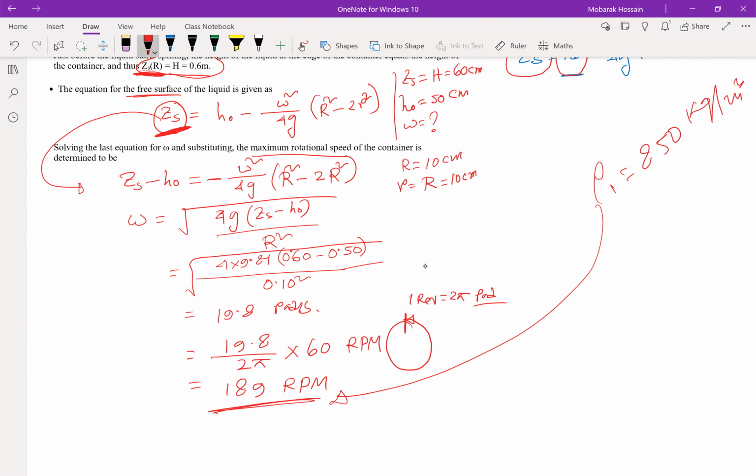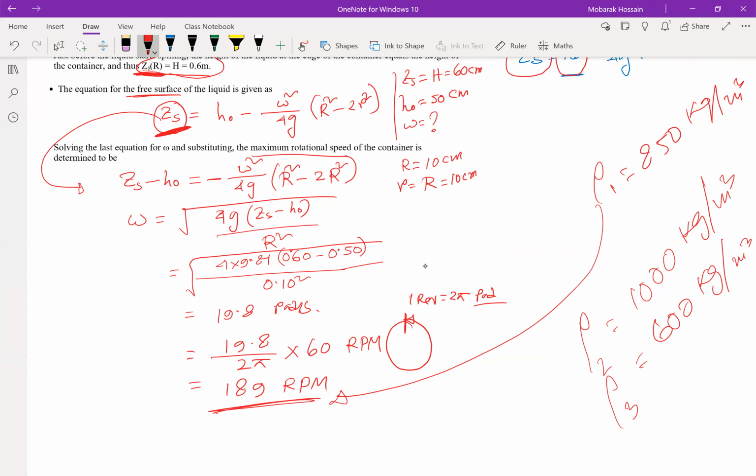Now the question is, if you change the density, heavier or lighter than this one, do you need to increase or decrease the rpm to make it spill?